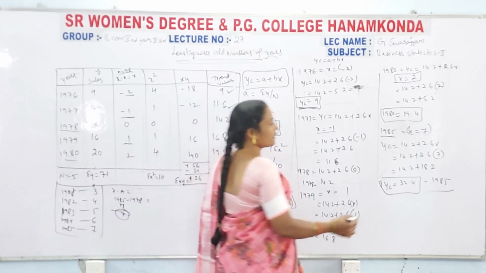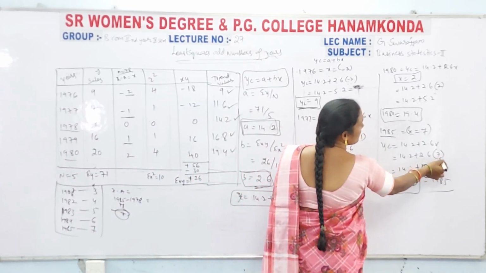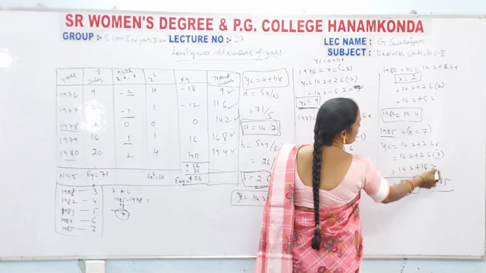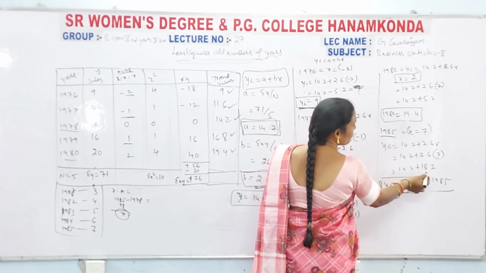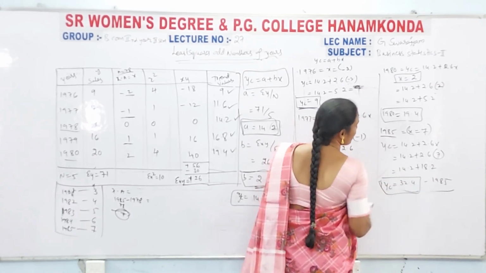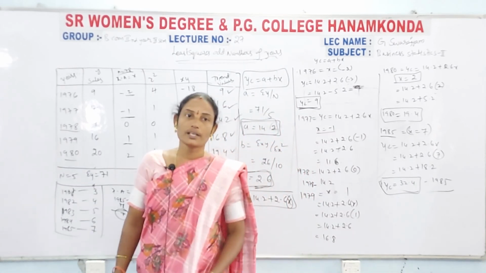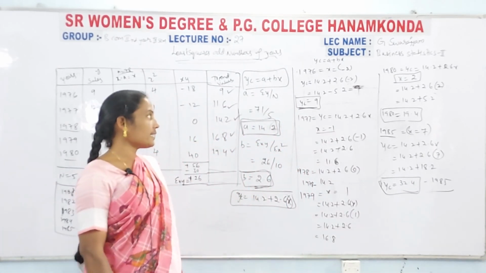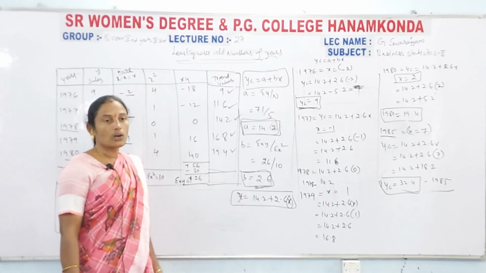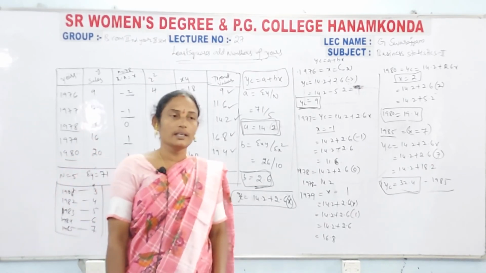So you implement this x value in the x column: 2.6 into 7 is 18.2, and 14.2 plus 18.2 is 32.4, the YC is equal to A plus BX value. This is the calculation of the least squares method for odd number of years.